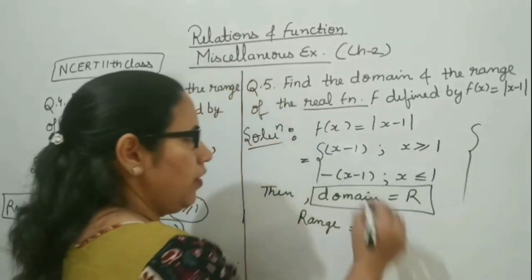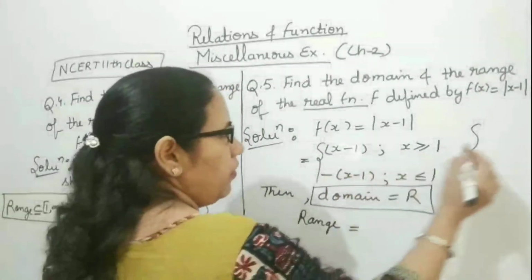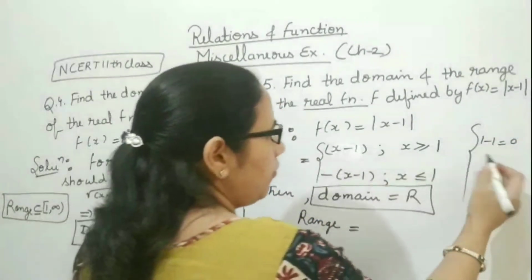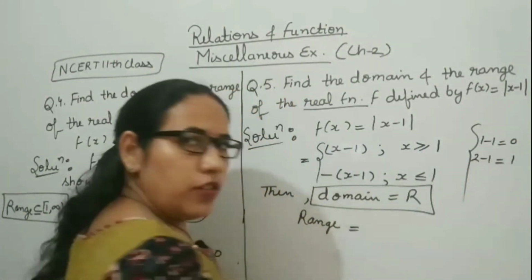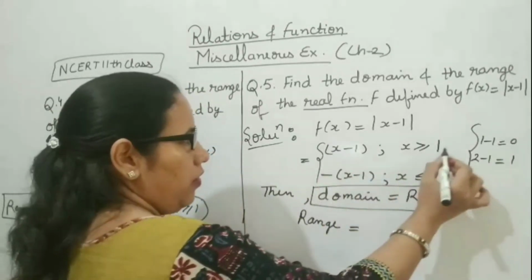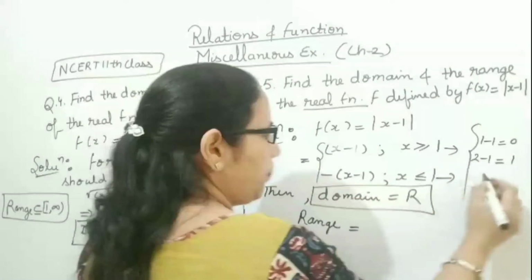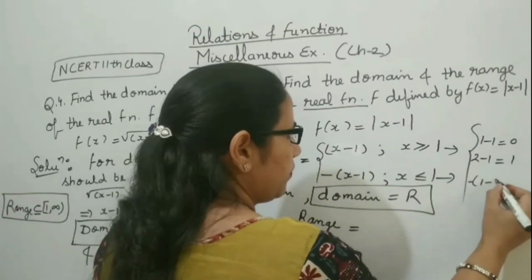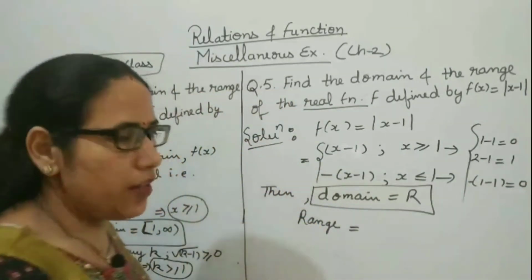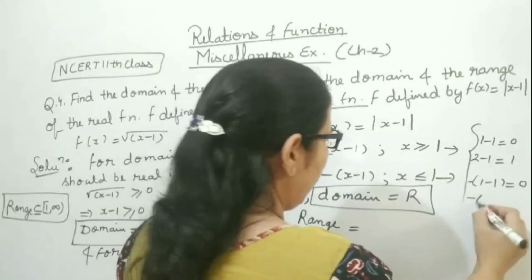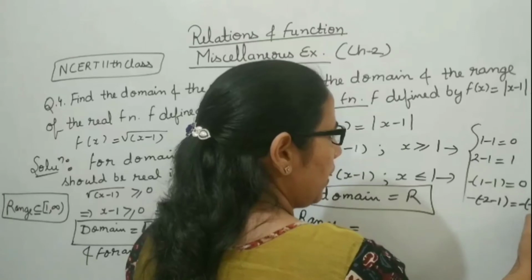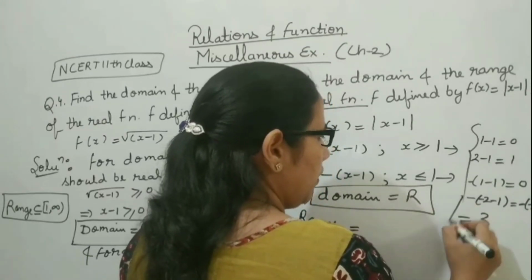Check here for the range. If we put 1 in this equation, 1 minus 1 comes out to be 0. And for greater than 1, 2 minus 1, positive values only in this domain. For this domain, on putting 1 it gives 0, and for less than 1 values we have to put minus 2: minus 2 minus 1 means minus of minus 3 means plus 3.